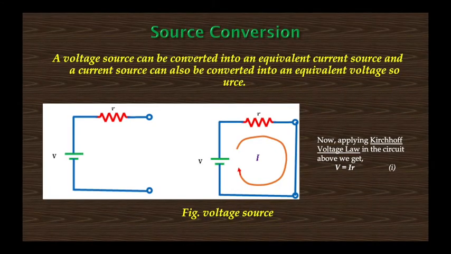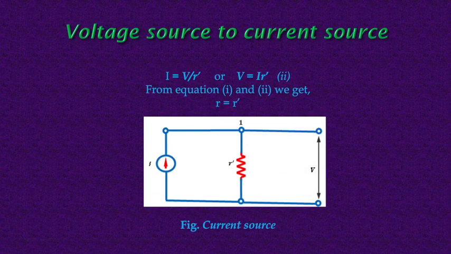Applying Kirchhoff's voltage law in the circuit, we get V equal to I into R, where I is the current delivered by the voltage source when it is short circuited.